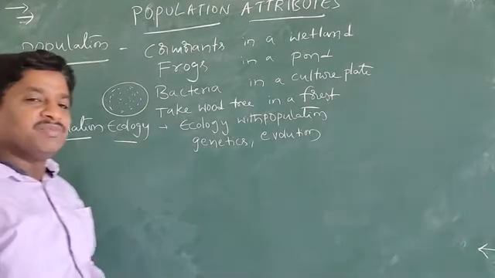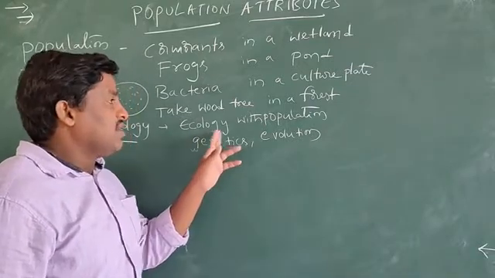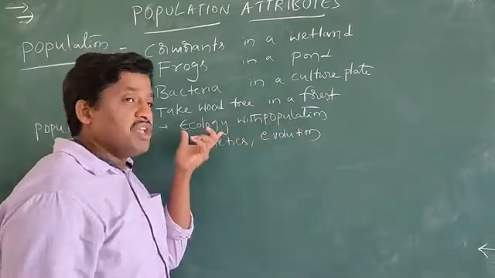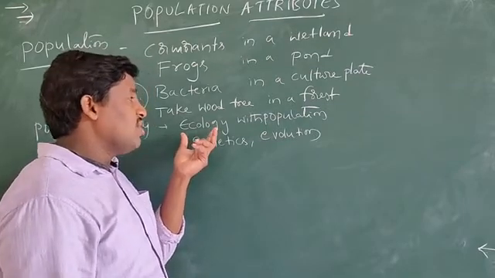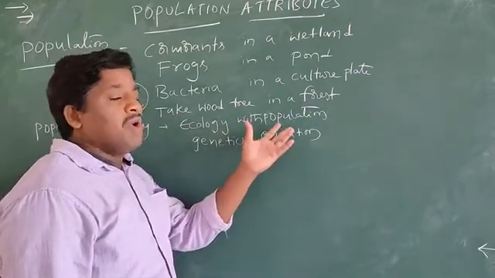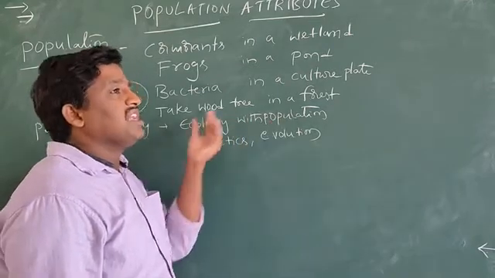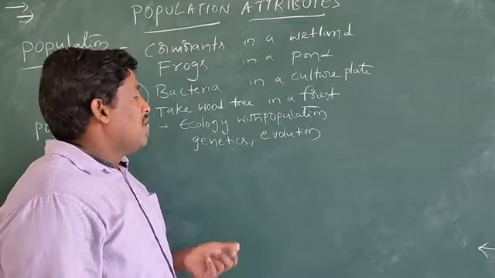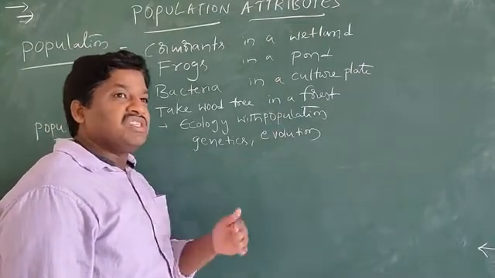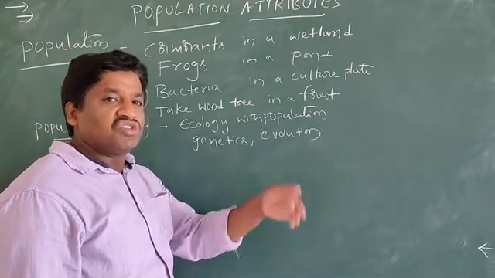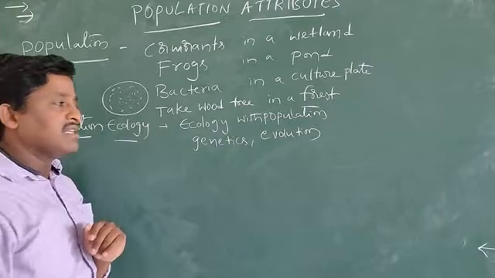Population ecology links ecology with population. You already know ecology: the living organisms, a group of population present in an environment. And genetics: the organisms' genes are transferred from one generation to another generation, and that is also linked to population ecology.